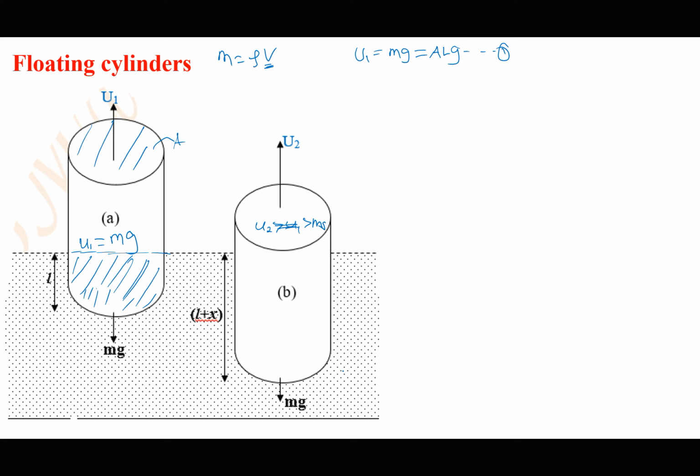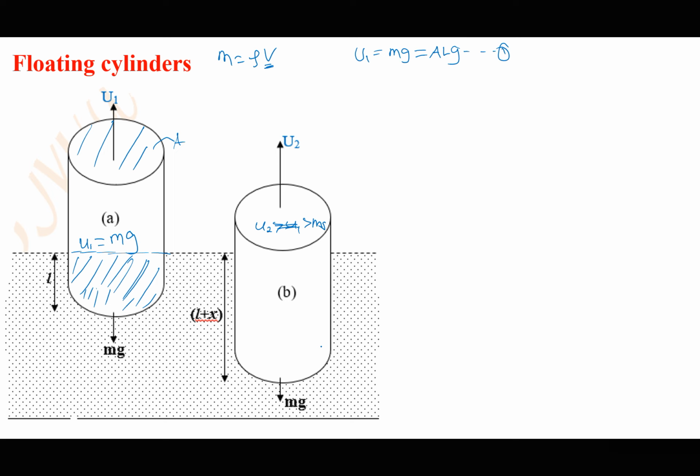The upthrust depends on the height of the submerged object because of the difference in the pressure between the top and the bottom of the object. So if we dip an object further, the height which is submerged increases. It means the upthrust increases.